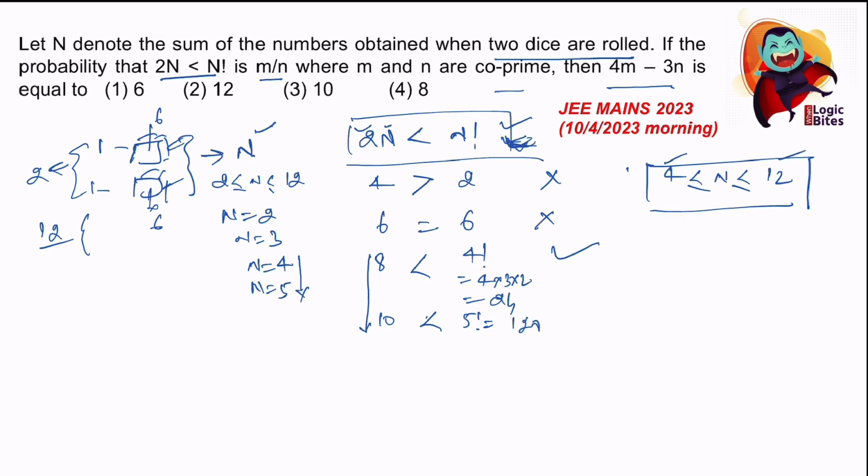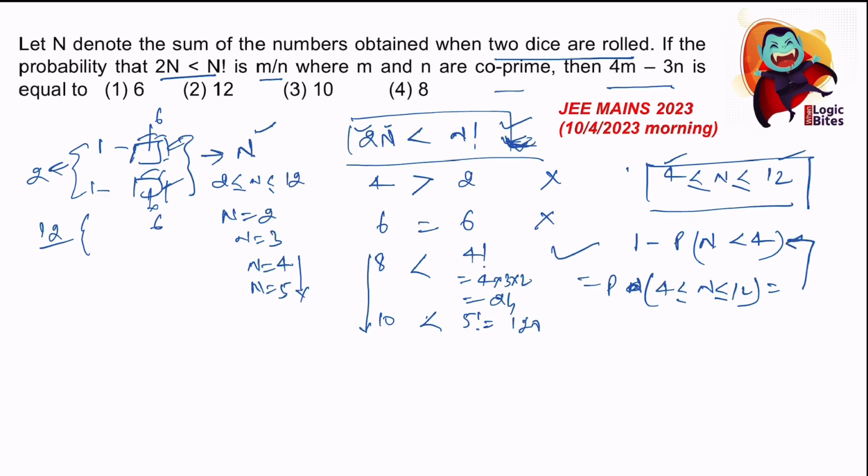Since 4 to 12 has more numbers, we can find the complement of this event. So the probability of getting a number less than 4, and 1 minus that will be the probability of getting our number between 4 to 12.